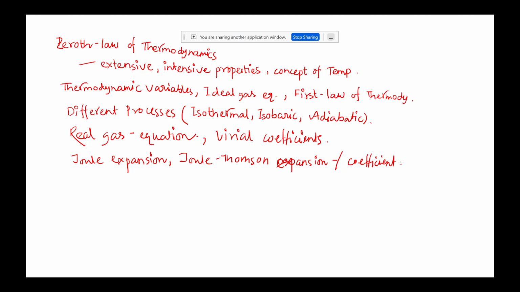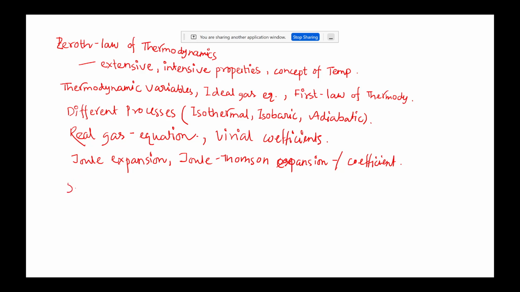For an ideal gas, there is no temperature change during expansion, but for real gases the temperature increases or decreases depending on the Joule-Thomson coefficient.